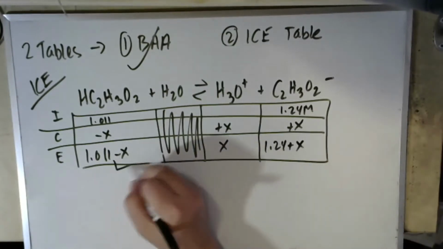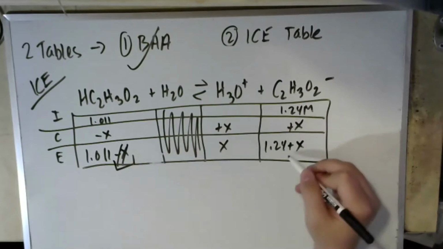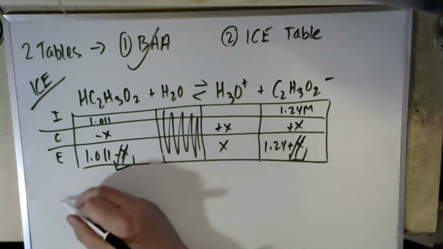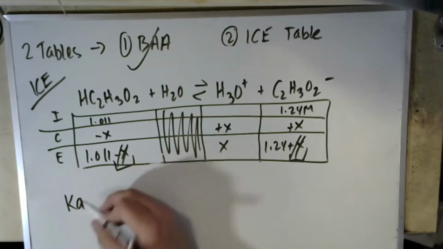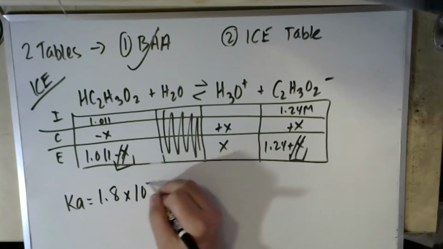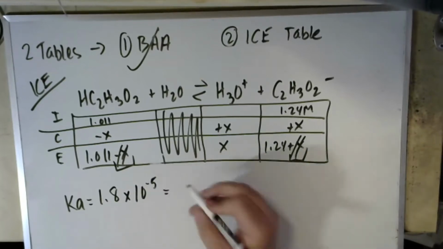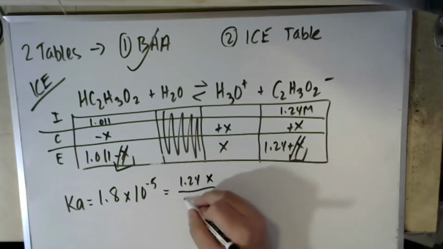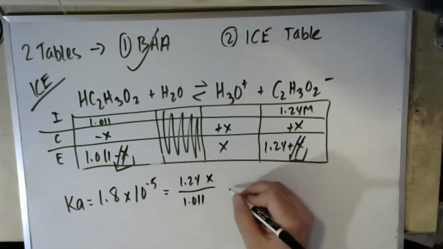Okay, I'm going to assume these values are small enough that I can cancel them out. So to find my X value, I'm going to use the Ka. Ka for acetic acid is still 1.8 times 10 to the negative 5. And that's going to equal 1.24 times X divided by 1.011.